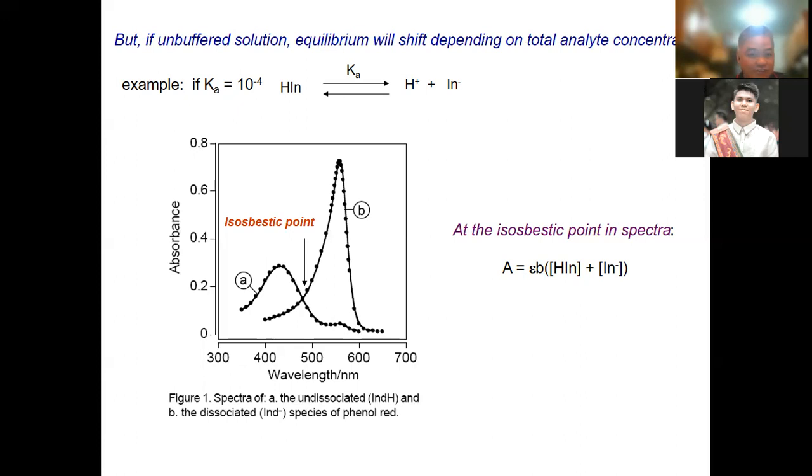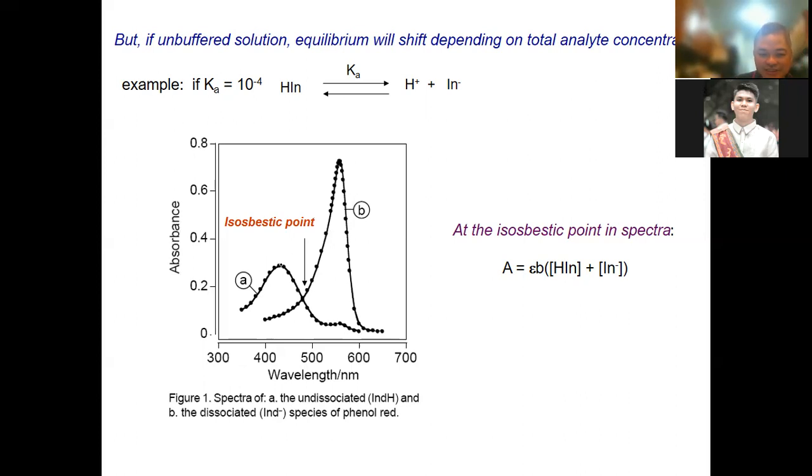Okay. And usually they use the isosbestic point especially for the one that changes composition, let's say a different pH. Okay, so for instance here, the isosbestic point that you have is this one here. Okay, so as you could see, B is what? Okay, so your B here is the dissociated one.